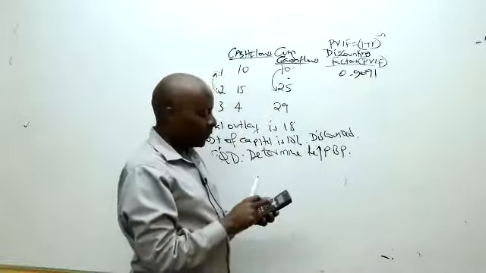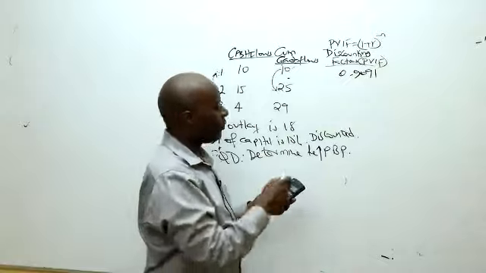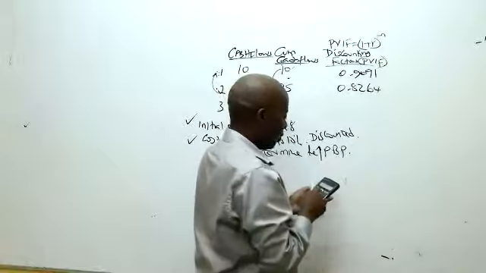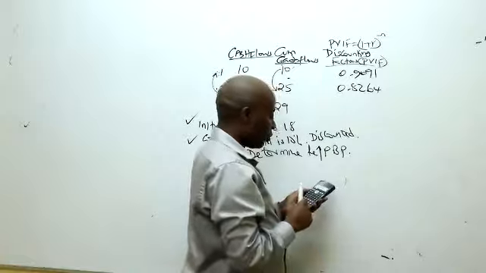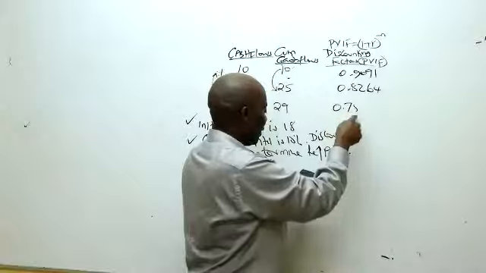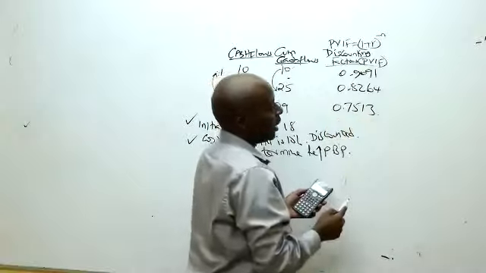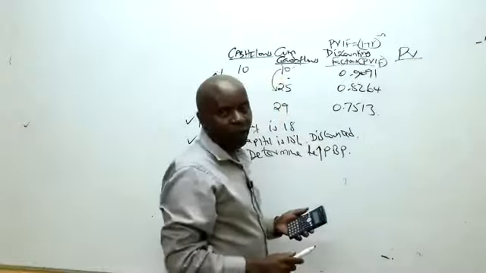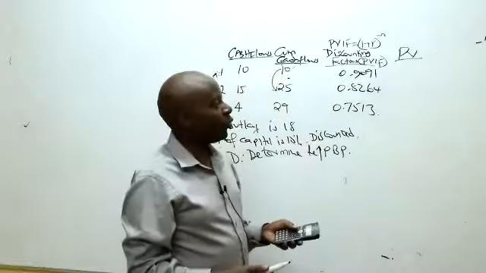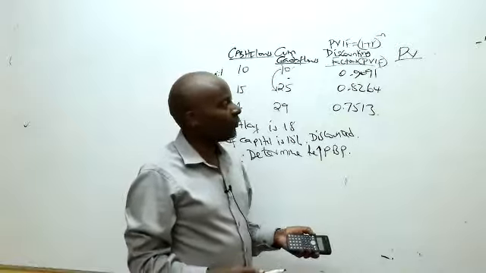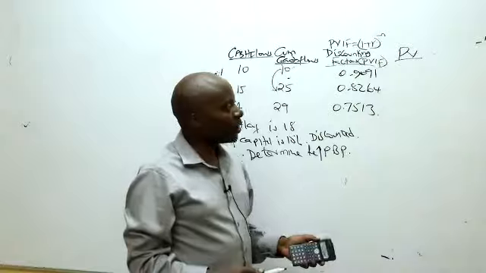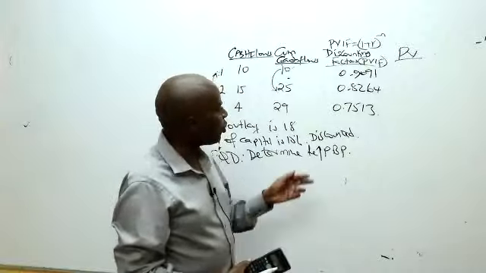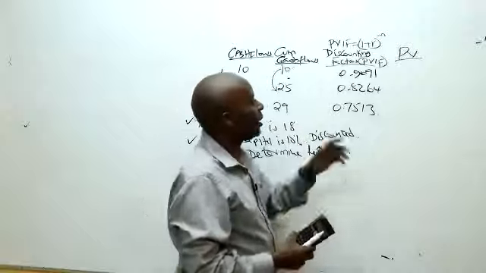The same raised to -2 will give me 0.8264, raised to power 3 will give me 0.7513. And then you come and create a column of discounted cash flows, where you discount your cash flows. Discounted cash flows are also known as what here? Present values.